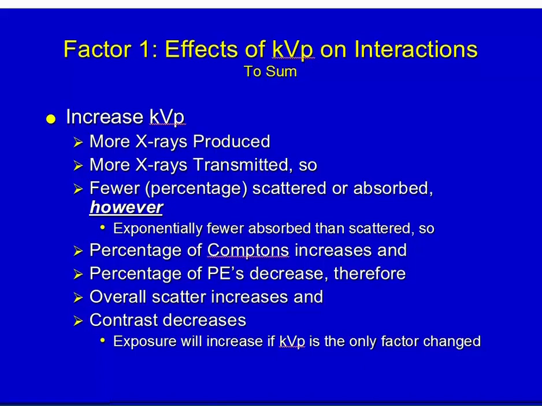So if you decrease your kVp, you produce fewer, you transmit fewer, you scatter and absorb fewer, really, but you're going to have more absorbed than scattered. The percentage of Comptons is going to decrease. The percentage of photoelectrics will increase. Overall scatter is going to decrease and contrast is going to increase.